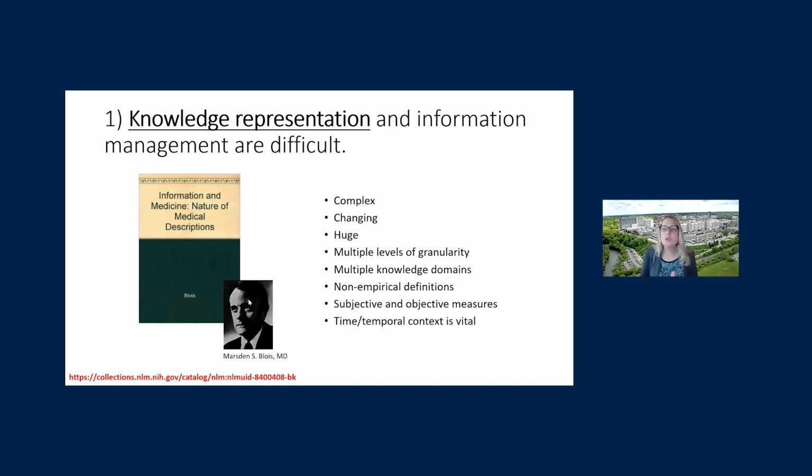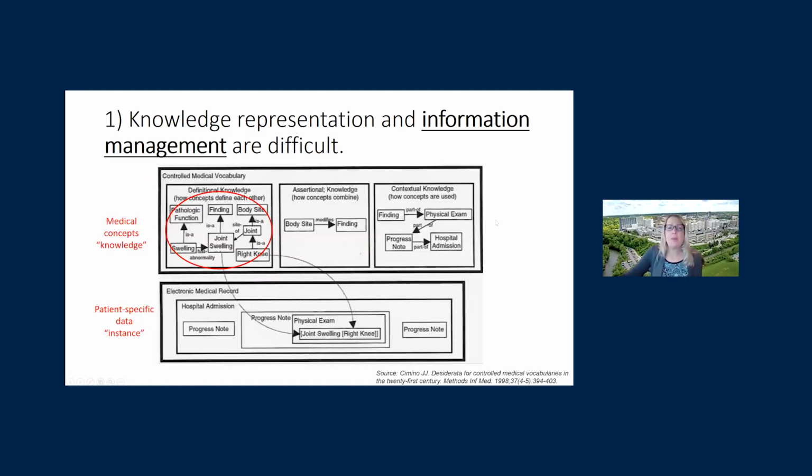There are multiple levels of granularity. So we need to think and talk about concepts from the chemical level to the biochemical level, to the organ level, the system level, the person level, the population level. And so we need linkages across all these different ways of looking at concepts. We certainly have lots of knowledge domains and a lot of subjectivity there, and time is very critical. So it's a challenge just to represent medical knowledge.